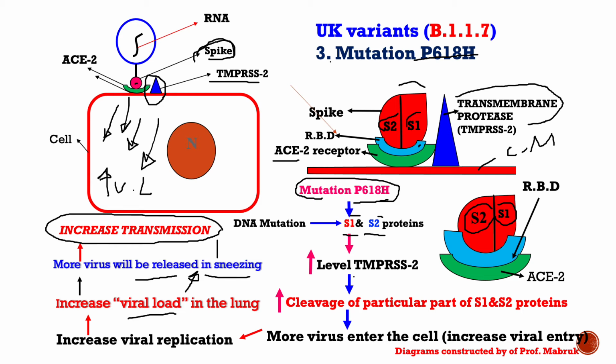Then more virus in the air means more transmission of the UK variant of the coronavirus COVID-19 with the P618H mutation. So here you can see how that mutation, subhanallah, resulted in the increase in the transmission of the UK variant of the coronavirus COVID-19.